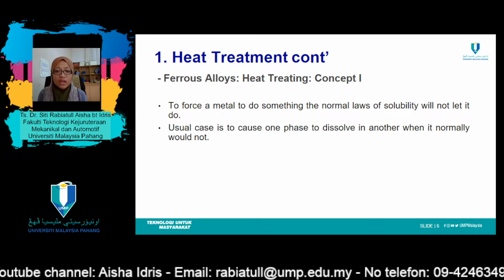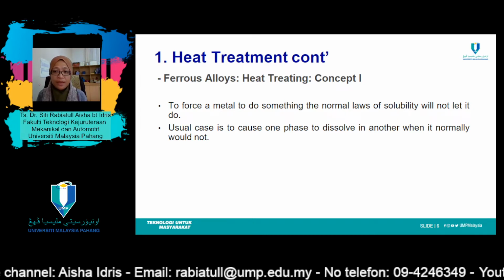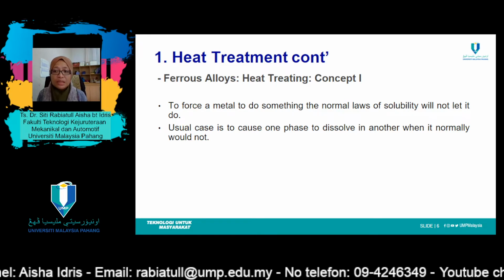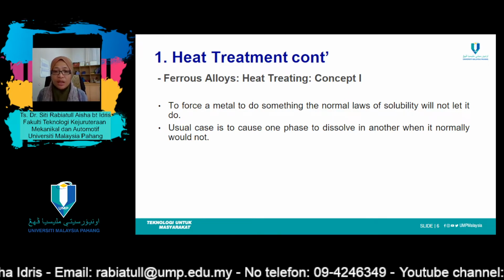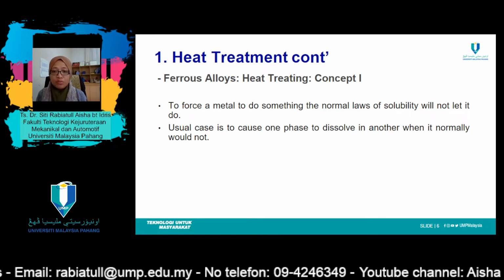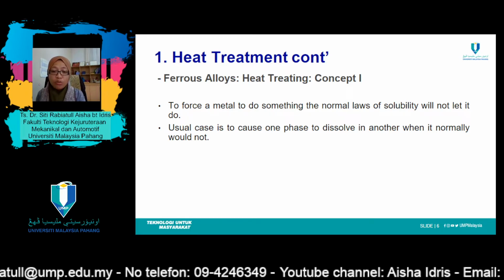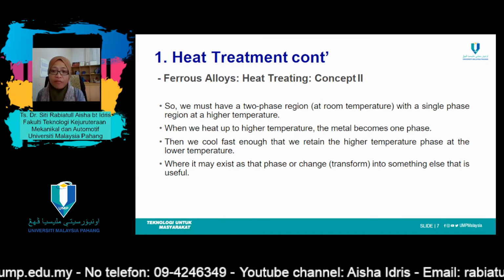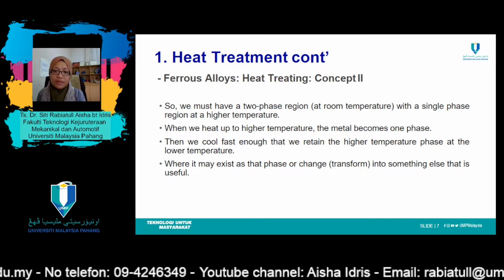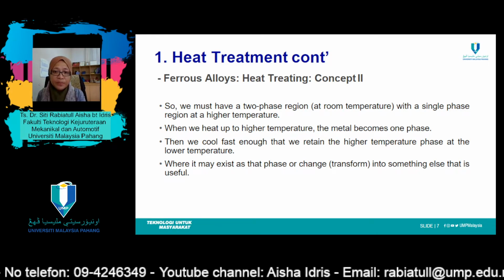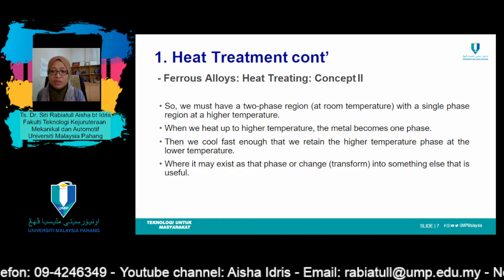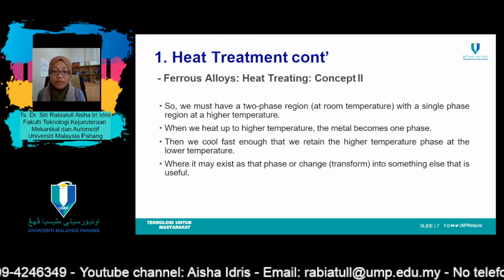alloys, number one is to force a metal to do something that the normal laws of solubility will not let it do. Number two, the usual case is to cause one phase to dissolve in another when it normally will not. So we must have a two-phase region with a single phase region at a high temperature. When we heat up to a higher temperature, the metal becomes one phase.